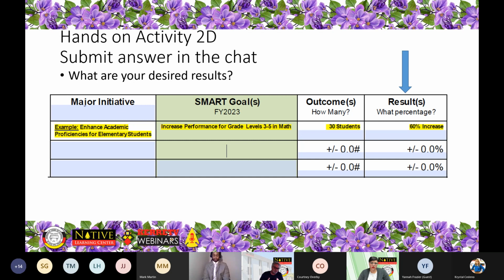So what we're shooting for with our outcomes and our results is as much accuracy as possible. That's why this process is critical, to be able to take a nebulous concept and turn it into something measurable and attainable.